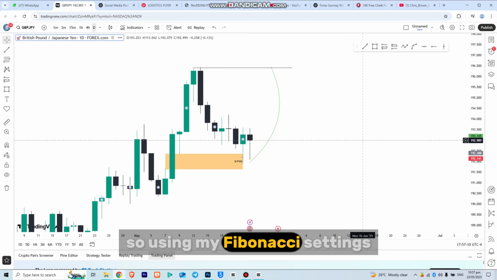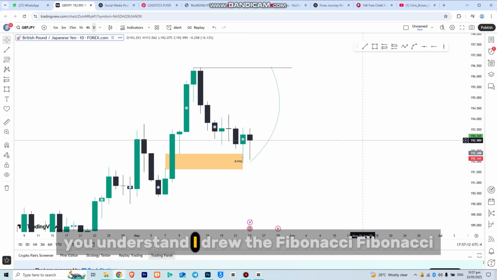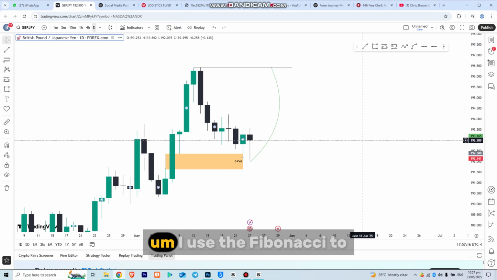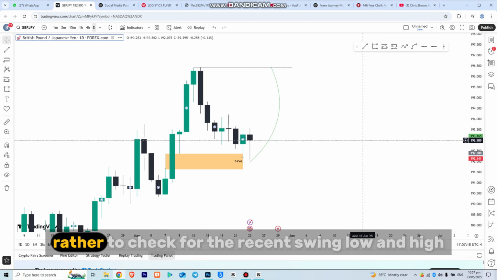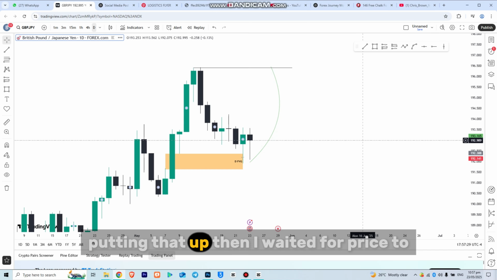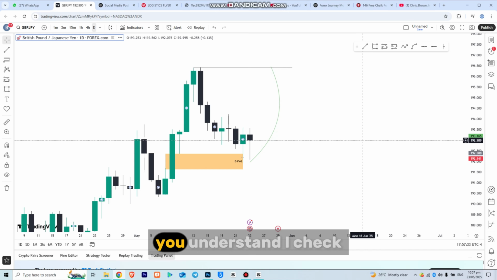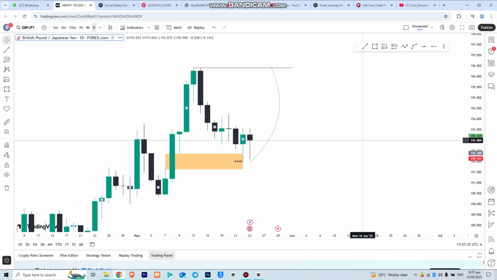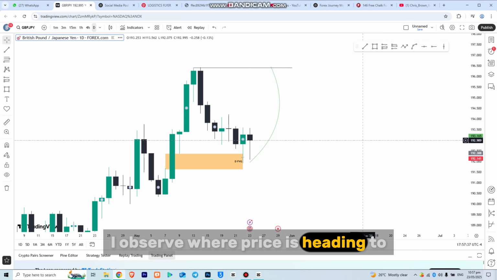So using my Fibonacci settings, I drew the Fibonacci to check for the recent swing low and high, and after putting that up, I waited and observed where price is heading to.